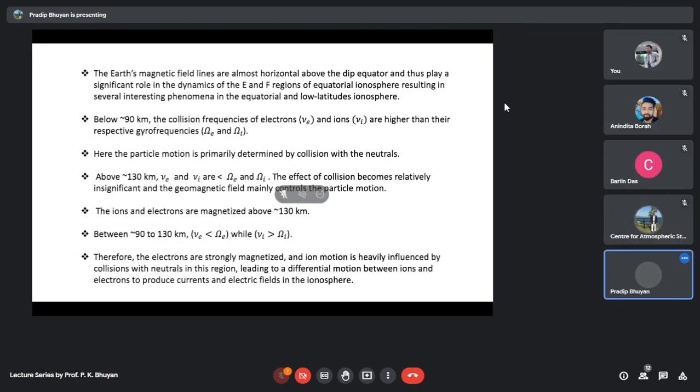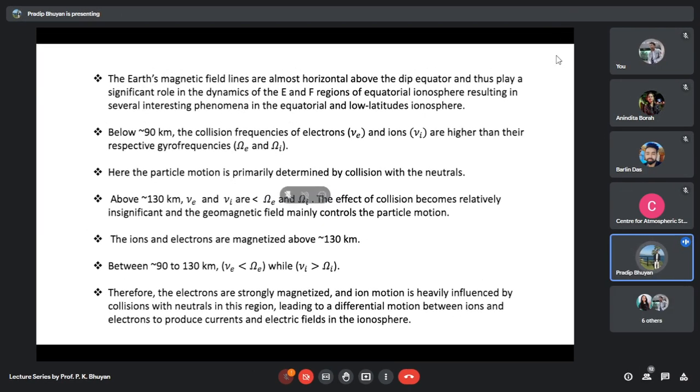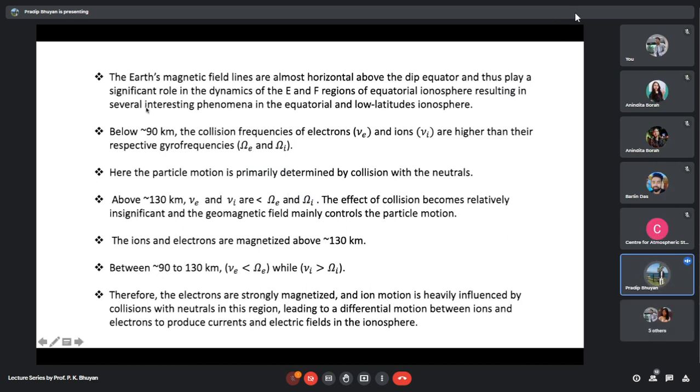Now, coming to what happens to the electrons and ions below 90 kilometers. You may just note down these small values or parameters which we will use. Below 90 kilometers, that means below the bottom of the E region, we will have collision between electrons and ions, and also collisions between electrons and neutrals, and ions and neutrals.